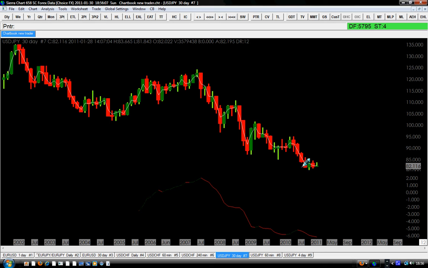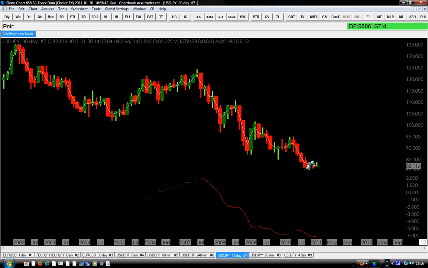The pattern is one down, one up, one down, and one up. So this candle was down, the following candle was up, the third candle was down, and the fourth candle must be up. The condition, very important, that you must follow, is that the third candle must not violate the low, or the opening price, of the second candle.